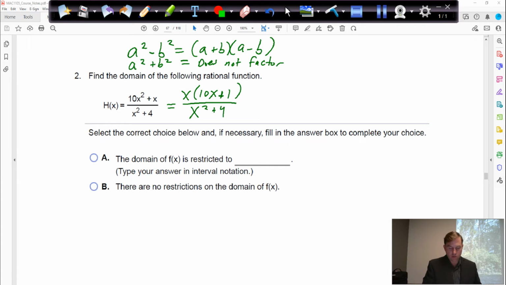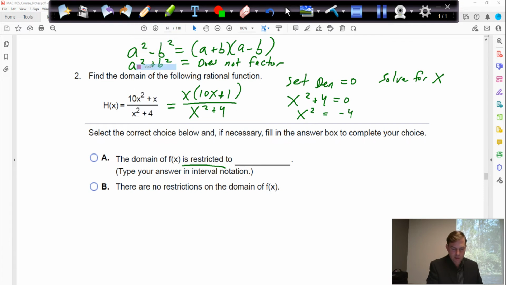Again, we're looking for any restrictions on the x values in the domain. To do that, we set the denominator equal to 0. So we set x squared plus 4 equal to 0 and solve for x. We subtract 4 from both sides, and then to get rid of that x squared, we take the square root of both sides.